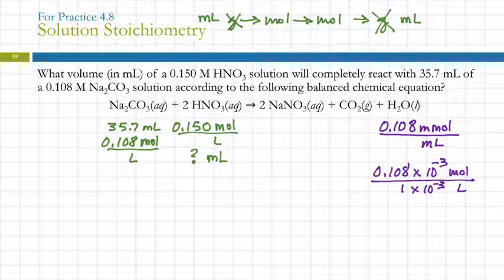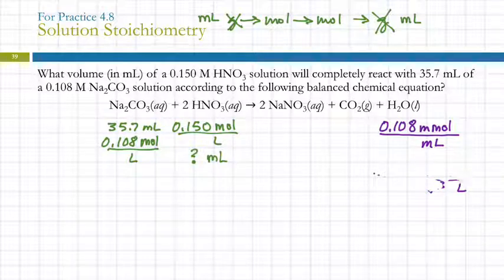This gives us the number of moles in millimoles, and it makes things much simpler, because in chemistry, unless you're doing industrial chemistry, we're not measuring our solutions in liters. We're measuring in milliliters, small quantities. We end up with small amounts of moles, and the numbers get a little unwieldy.